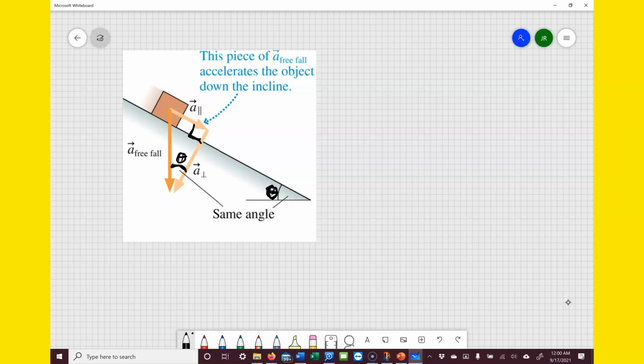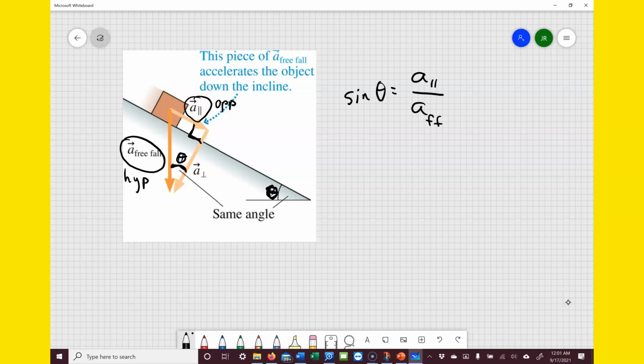That's the same angle, and therefore this is the opposite and this is the hypotenuse. Therefore, sine of theta equals the opposite over the hypotenuse, which is a parallel over a free fall.